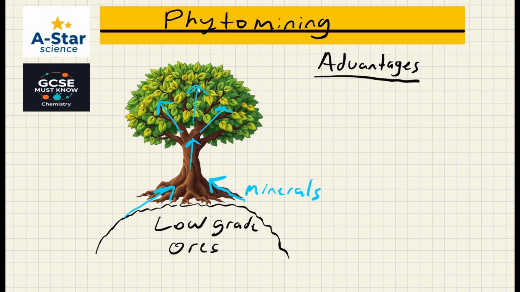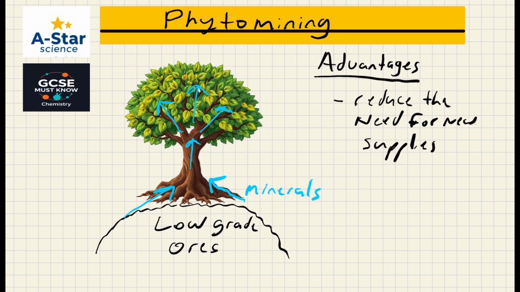There are some advantages of phytomining, of course. The advantage is that it's going to reduce the need for new supplies of ores. And of course, we know that ores are extracted from the environment through mining, and mining can be quite harmful.